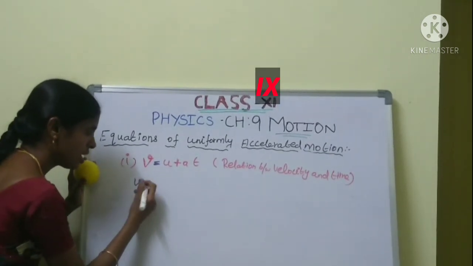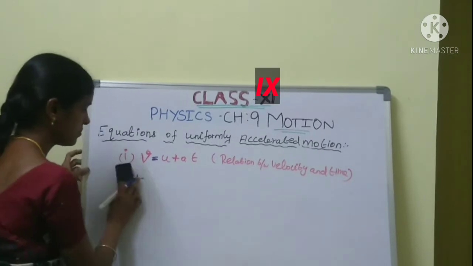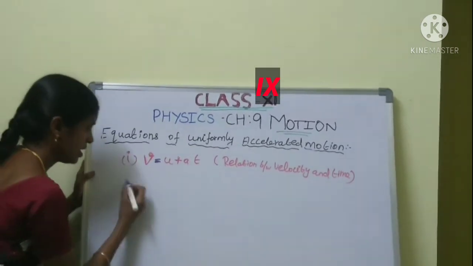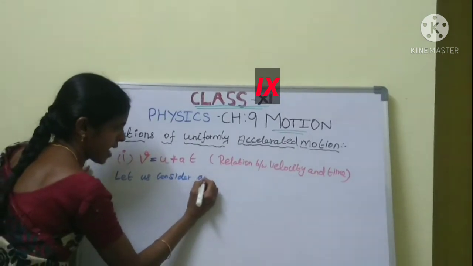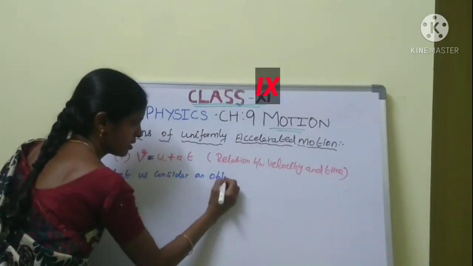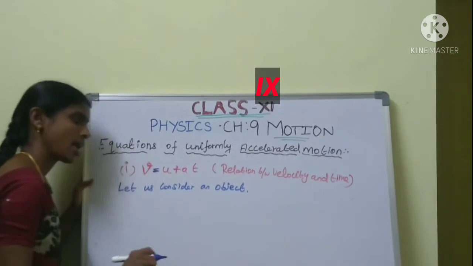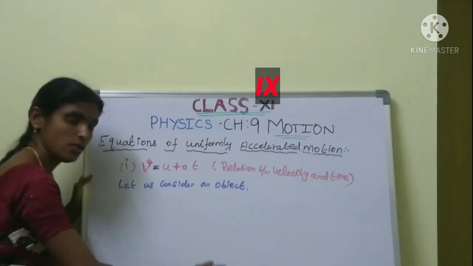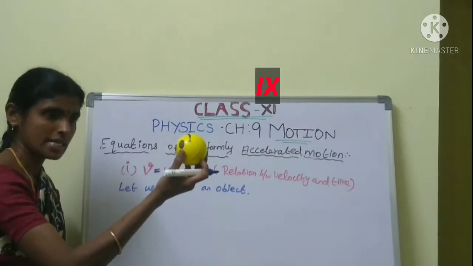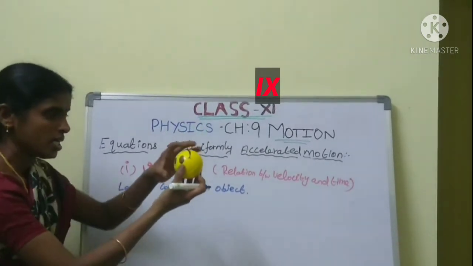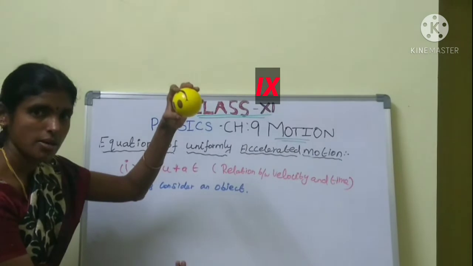Let us consider any one object, now a ball. This is the initial velocity of the ball.